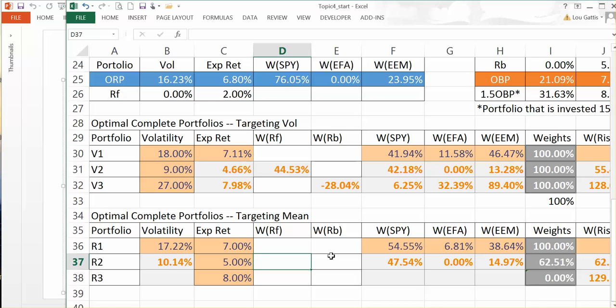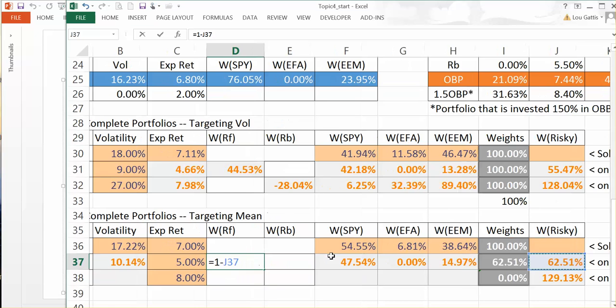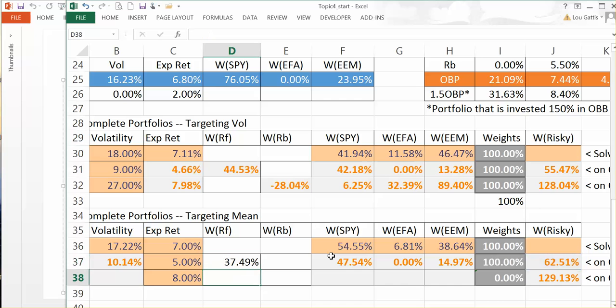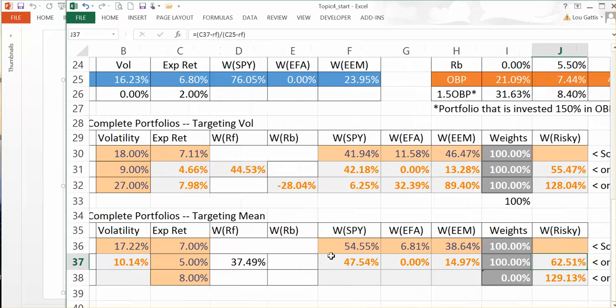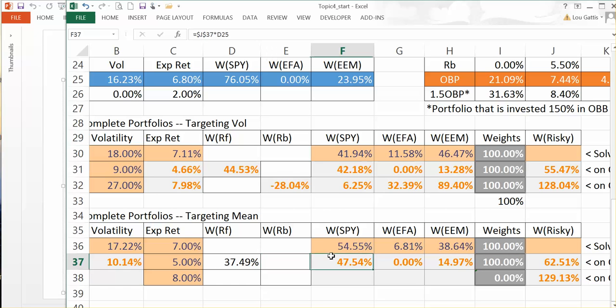And my weight in my risk-free would be 1 minus 62%. So again, I didn't go back and do that, but that portfolio that we just calculated, R2, if you had $100, I put 37 in treasuries, and the other 62 would be invested in my risky portfolio, which means 47 in SPY and 15 in EEM.